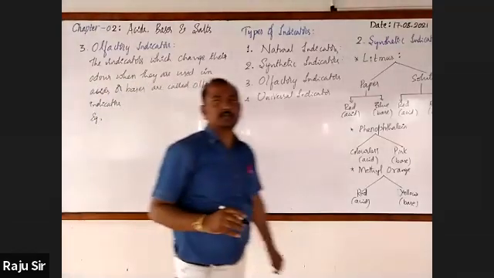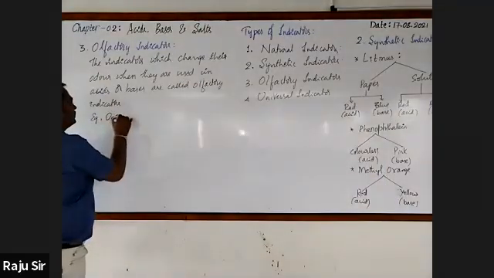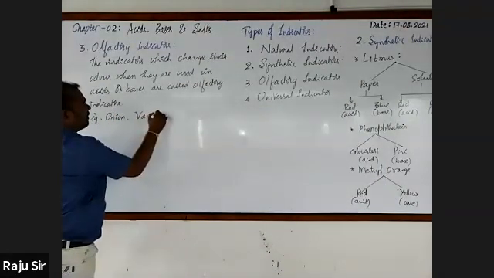Examples for olfactory indicators: onion, vanilla, clove oil.